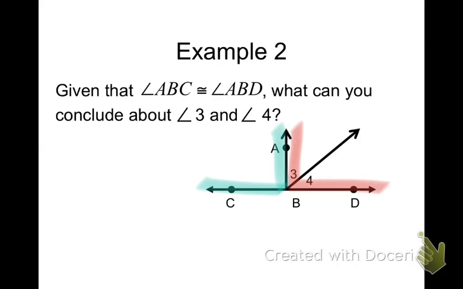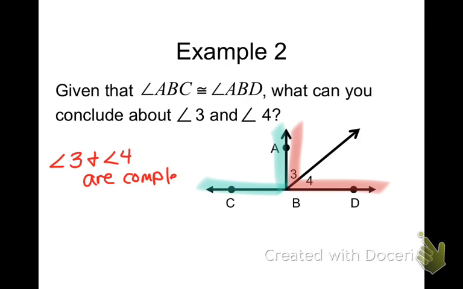So that means I have a right angle here, so what should be true about 3 and 4? What did theorem 3.10 tell us? What should be true about 3 and 4? So angle 3 and angle 4 are complementary.